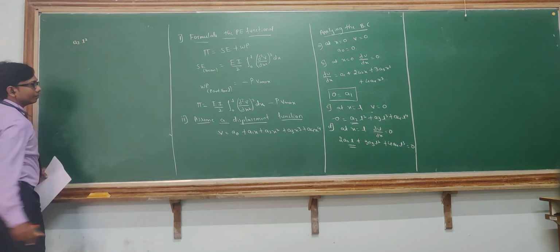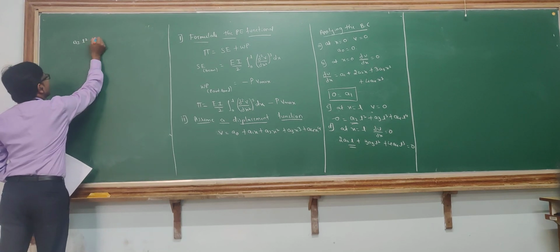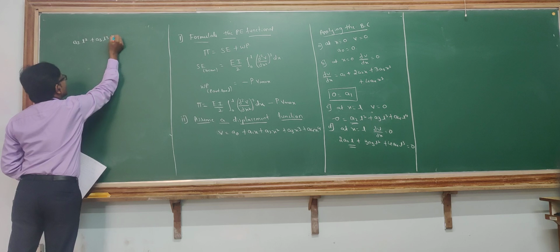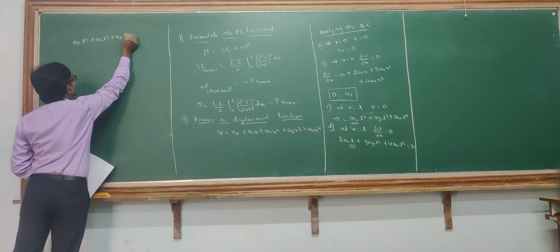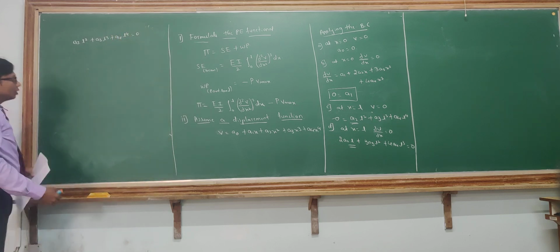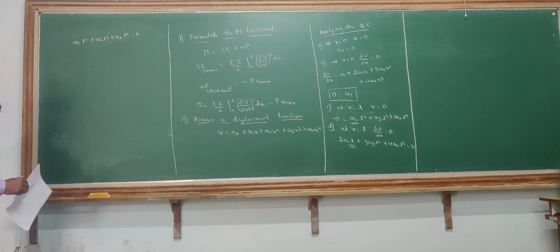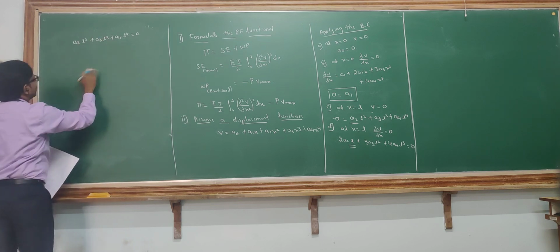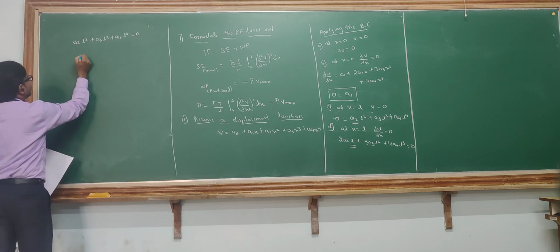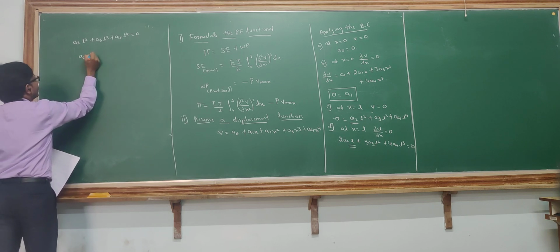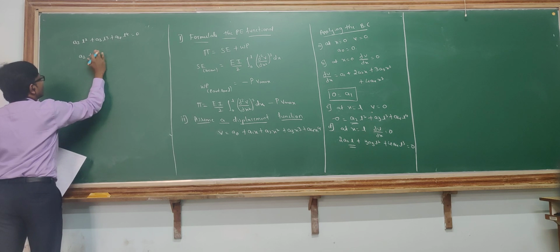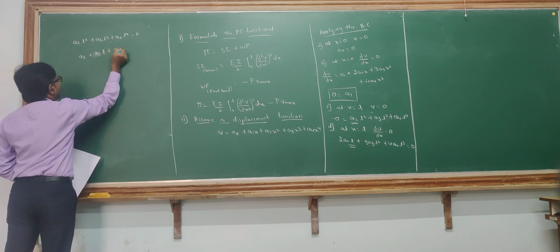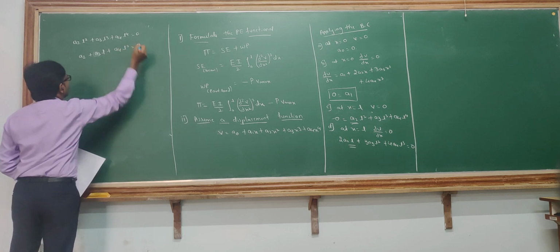A2L square plus A3L cube plus A4L raised to 4 should be equal to 0. So L square is a common term here, so I'll just eliminate the L square term. So it will be A2 plus A3L plus A4L square should be equal to 0.